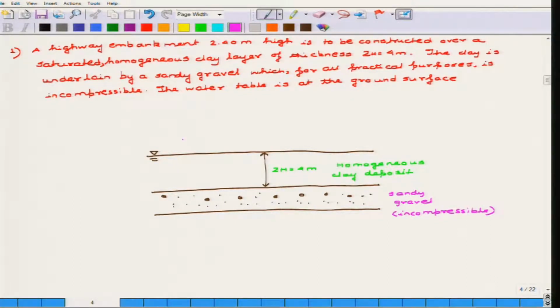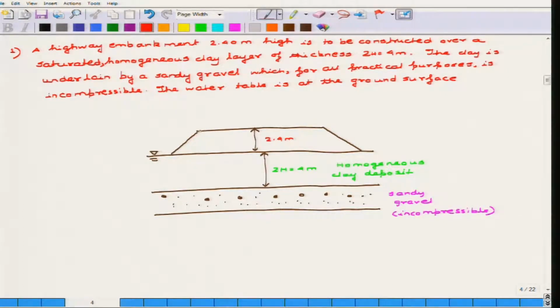Now, the embankment is to be constructed at its top. So, this is the embankment, it is like a railroad, and this height of the embankment is given as 2.4 meter.